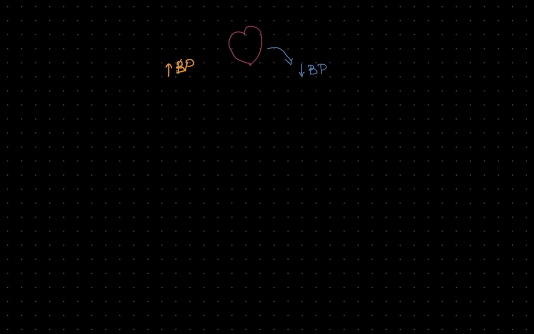How does it detect it? It detects it by detecting the degree of stretch. So if I have a high blood pressure, there will be an increase in the degree of stretch applied to the atrium.